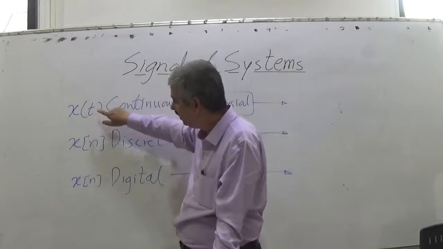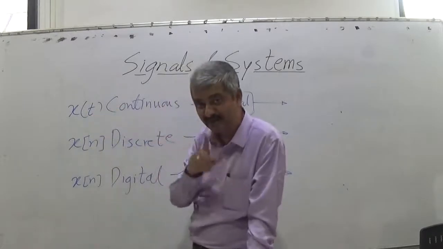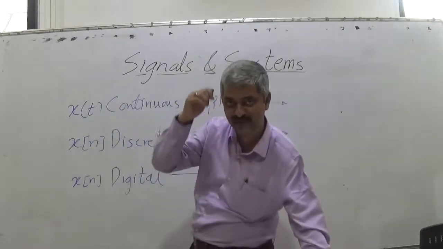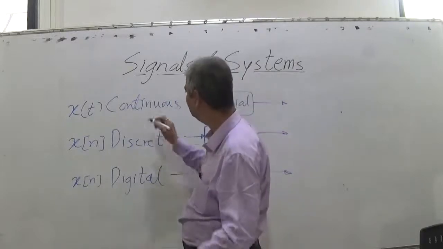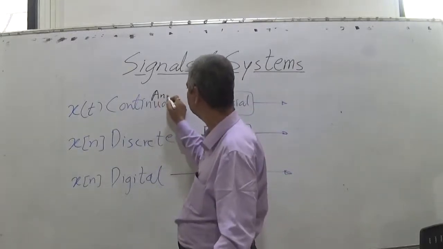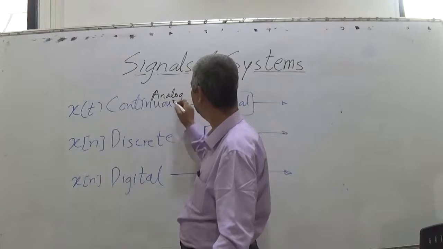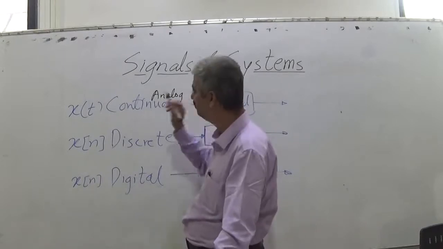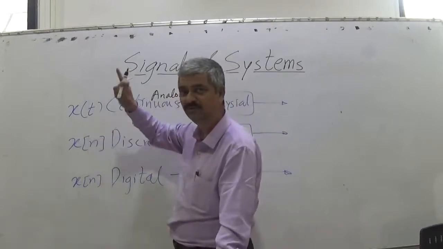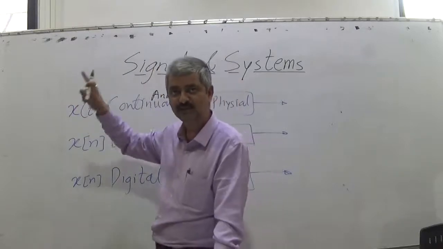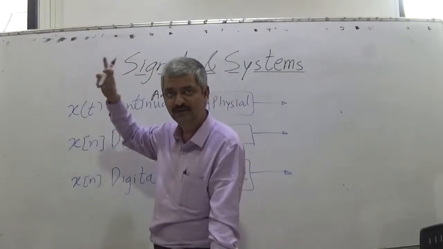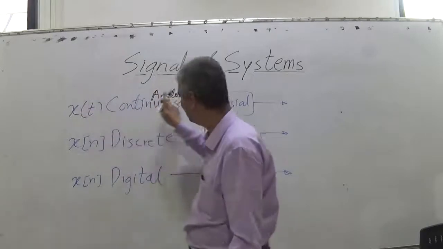So continuous, I am trying my level best to explain this. I want to emphasize continuous, which is also called analog signal; instead of continuous you can use the term analog. So a variable with infinite resolution defined continuously is an analog signal.